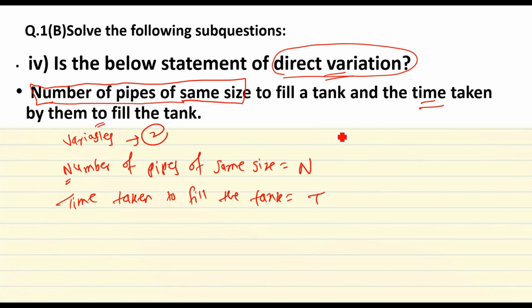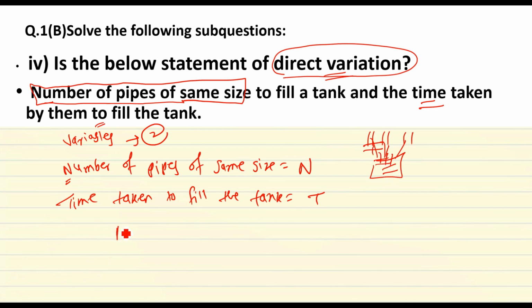Now we know that if in our house the number of pipes increases simultaneously to fill a tank, then if more pipes or taps are on, your bucket will definitely fill fast. It means a smaller number of pipes will take more time, and a larger number of pipes will take less time.